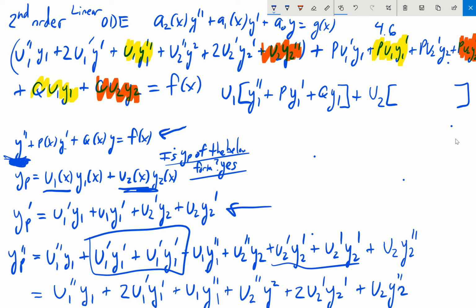Hold on. No, we're fine. So for this one right here, we have y2 double prime plus, when I factor the u2 out, a p y2 prime plus a q y2, and then we have the rest of these terms.